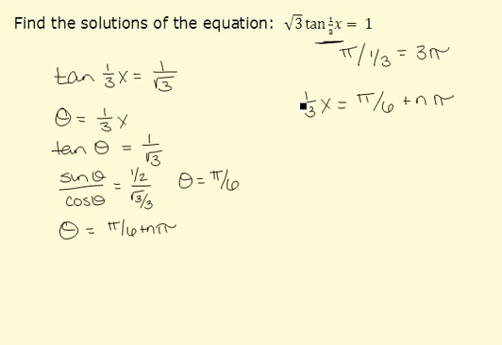Multiplying both sides by 3, I'm going to get x is equal to pi over 2 plus 3n pi for any integer n.